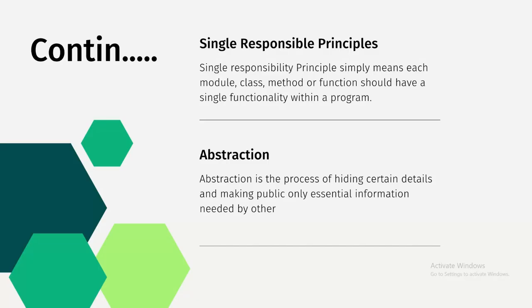First we have the single responsibility principle, and it states that each component or each module of your application or your program should be given a single responsibility or a single functionality. Let's say you're writing a program to find the sum of two numbers and the difference of two numbers.